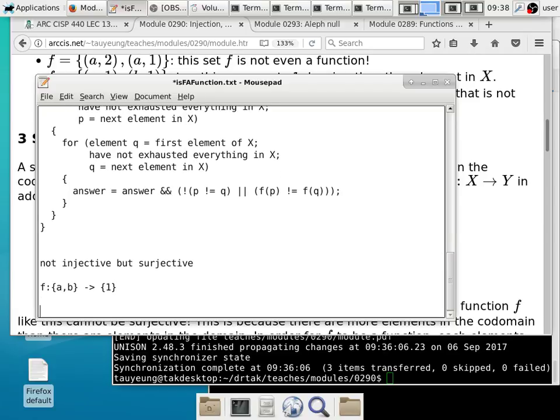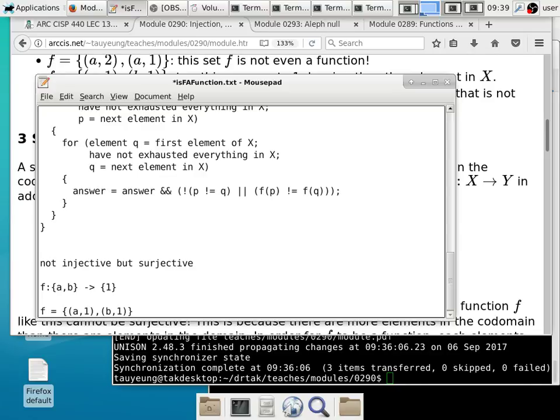The only function you can make out of this is easy, because you only get one thing in the codomain. So the only function is mapping A to 1, and then mapping B to 1, too. There are no other ways. Because of the requirement that everything in the domain has to be used, it can only map to one thing in the codomain.